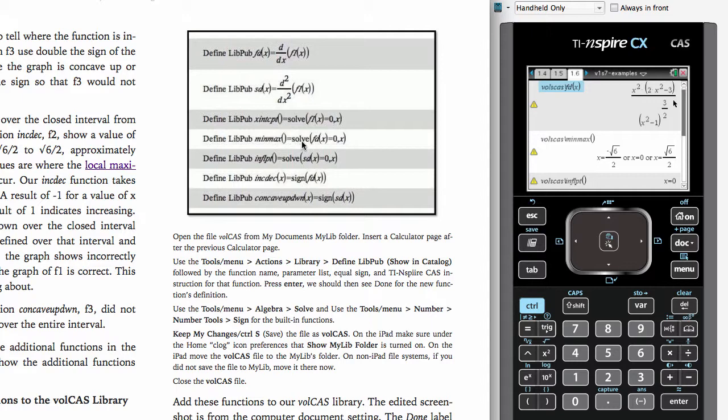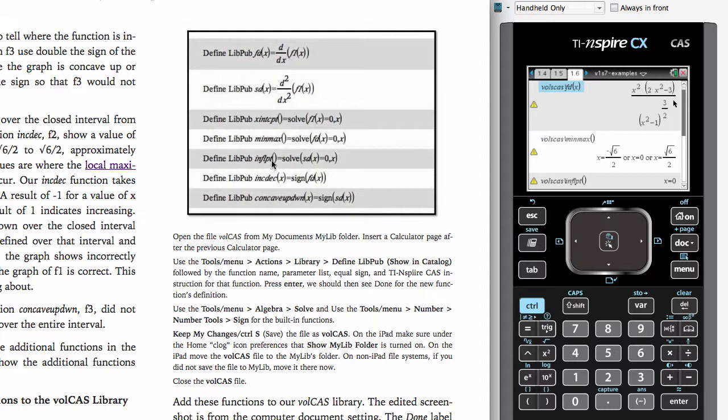There's a type 1 and type 2, and these are candidates. A candidate does not mean that it's actually going to turn out to be a minimum or maximum. So these functions are helpful, but you have to use them with your knowledge of what's going on. Otherwise, you can end up with answers that are incorrect.